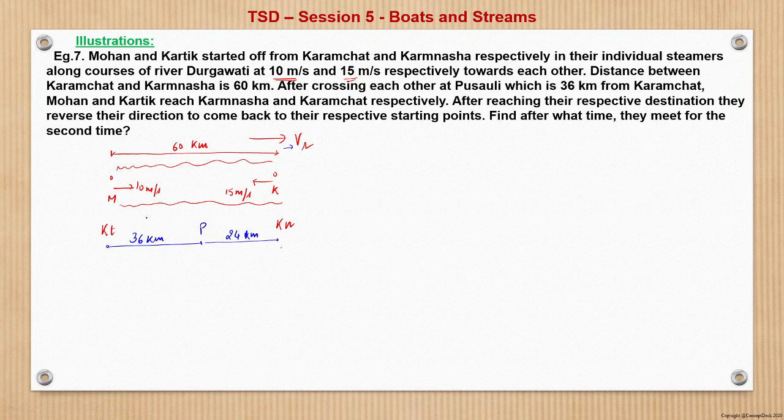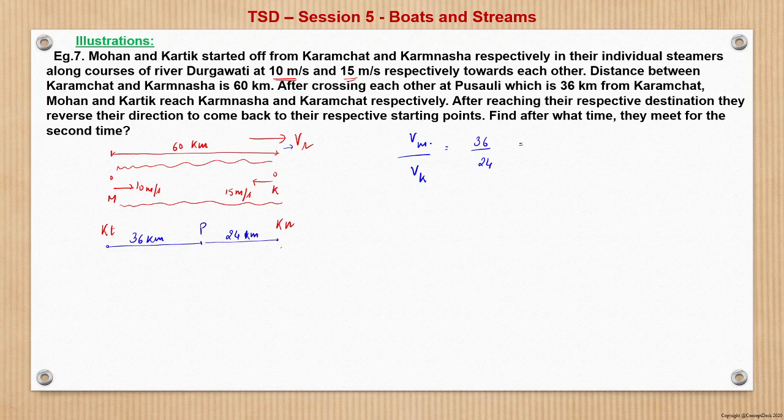Now see, the distance covered is in ratio 36 is to 24, time being same, so the effective velocity, that is velocity of Mohan upon velocity of Karthik, will be the ratio of the distances, which is 36 upon 24.